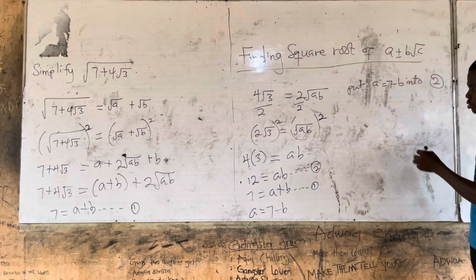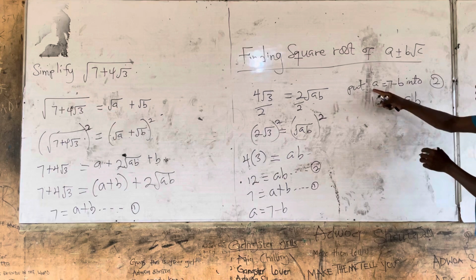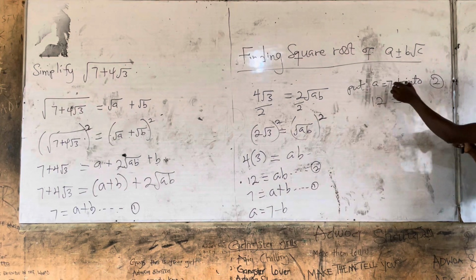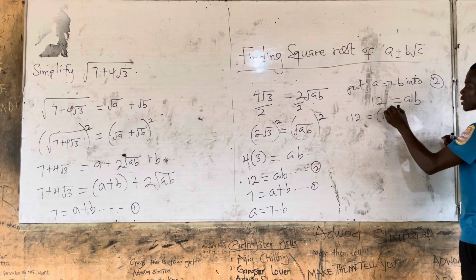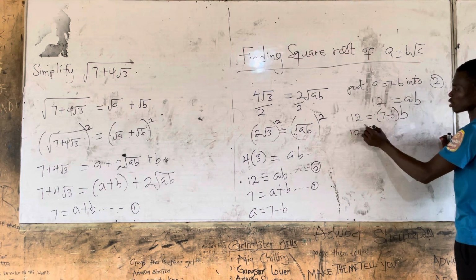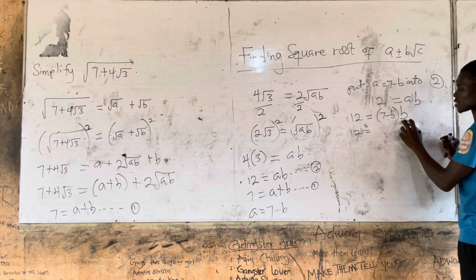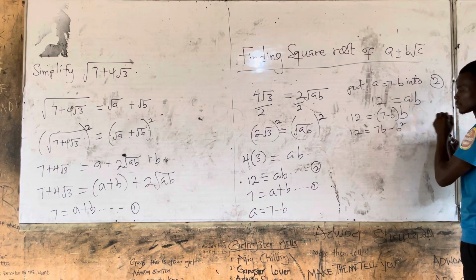So equation 2 is what? 12 is equal to ab. And our a here is 7 minus b. So 12 is equal to 7 minus b times b. So 12 is equal to 7 times b is 7b, minus b by b is minus b squared.